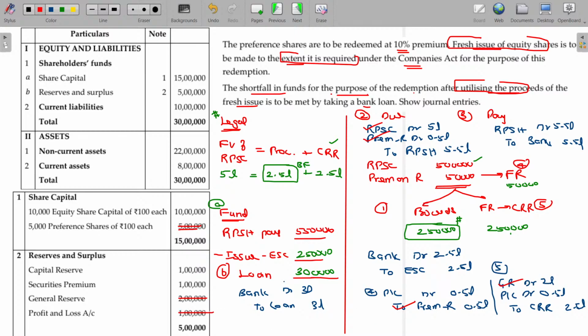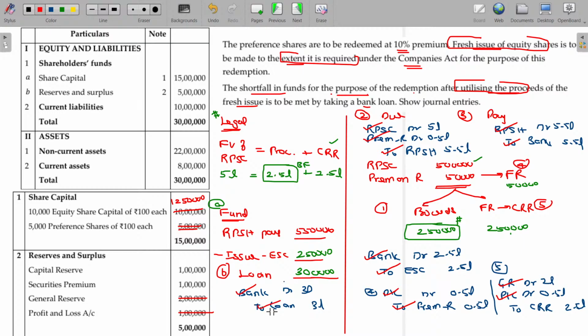Profit and loss, we have 1 lakh in credit, we debited 50,000 and another 50,000, so it becomes 0. Now what about the bank? We have 3 lakhs received by getting the loan and 2.5 lakhs by issuing the equity shares, and we paid 5.5 lakhs to the redeemable preference shareholders, so it becomes 0. Redeemable preference share capital credit and debit, in net, is 0. We don't have any balance. And we now increase the equity share capital by 2.5 lakhs. Hereafter, the equity share capital is 12.5 lakhs.